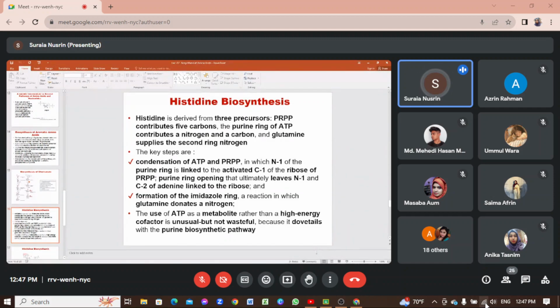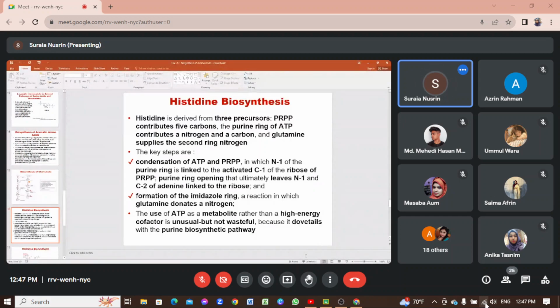The condensation occurs between nitrogen 1 of the purine ring of ATP and carbon 1 of the ribose sugar of PRPP. That means the ring structure of the purine is opened, and it is linked to the ribose. So these two are linked by this condensation reaction.